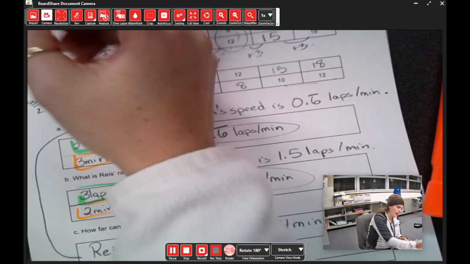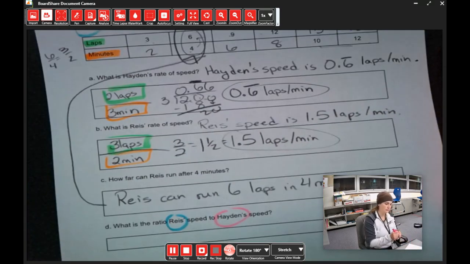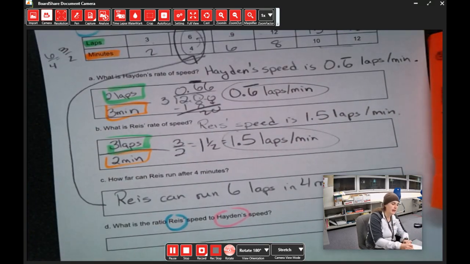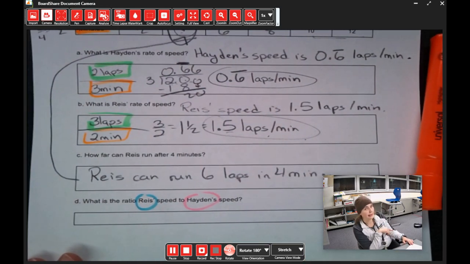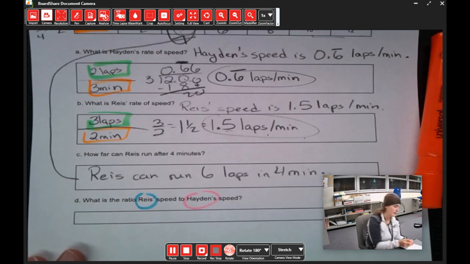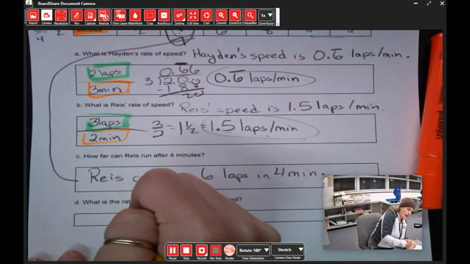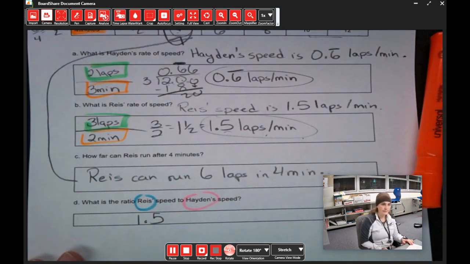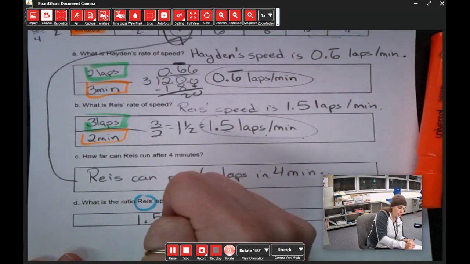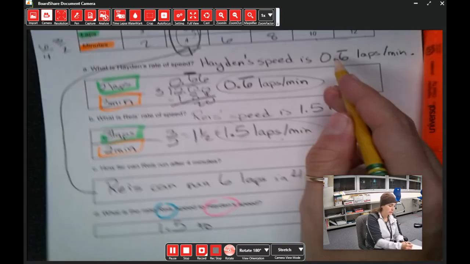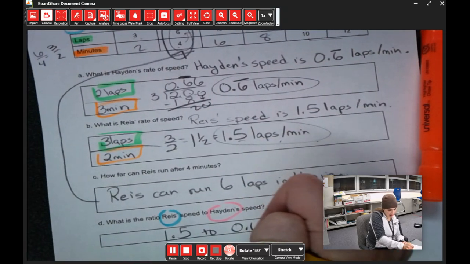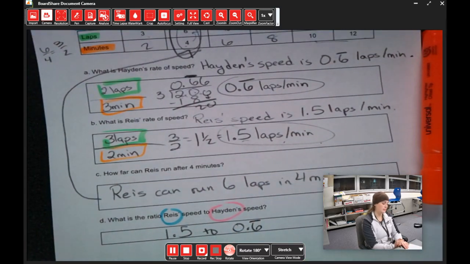to Hayden's speed. Well, Reis's speed is 1.5 laps per minute, but ratios, unlike rate, don't have any units. So I'm just going to say 1.5 to 0 6/10 repeat.